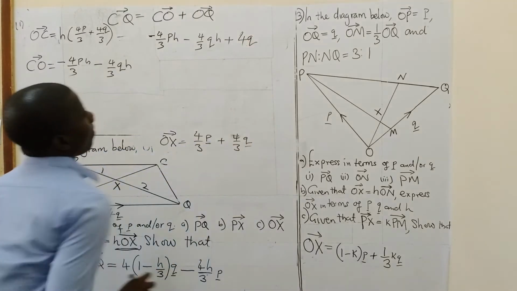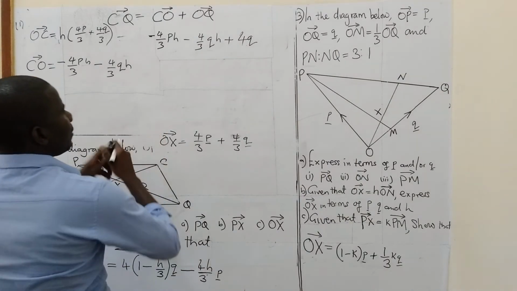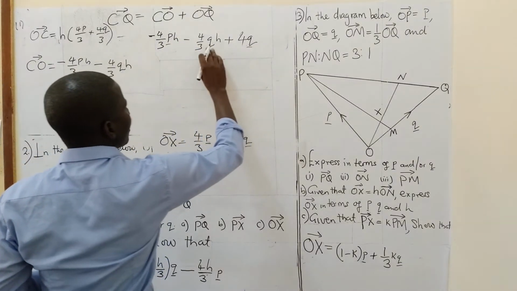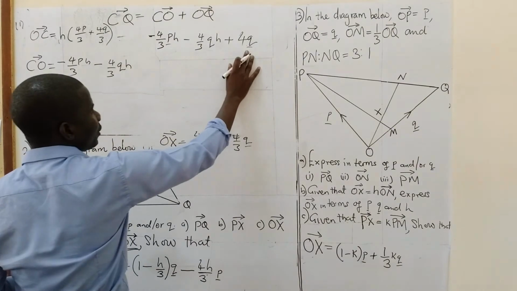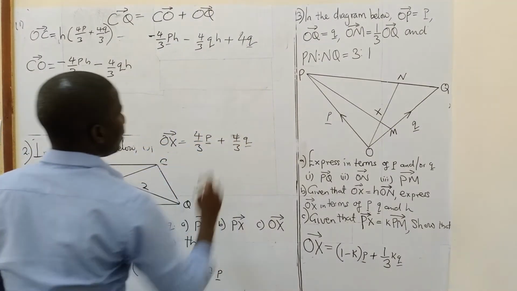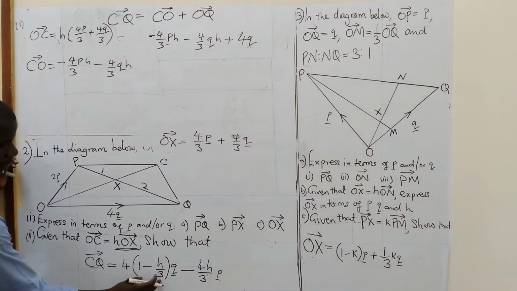Our OQ has been given as 4q. When you look at this one, you are going to discover that we have q and q here, which is common. It is the question of us now looking at this one.